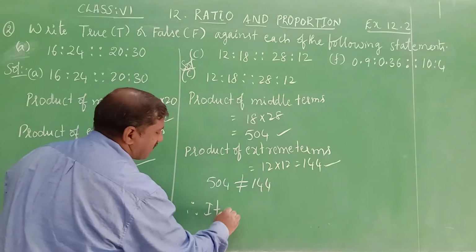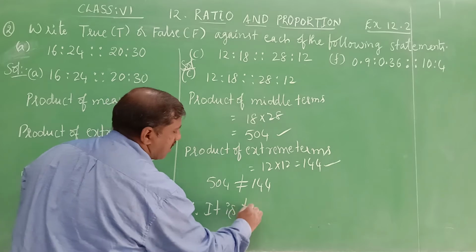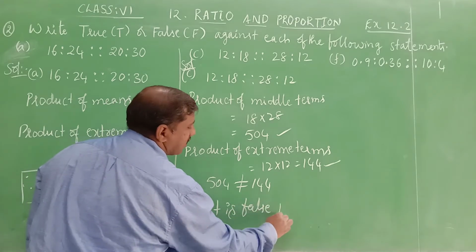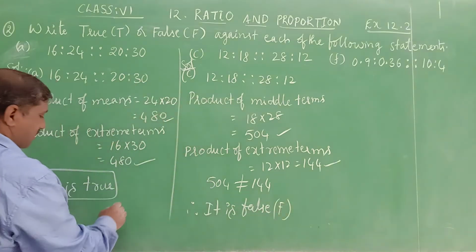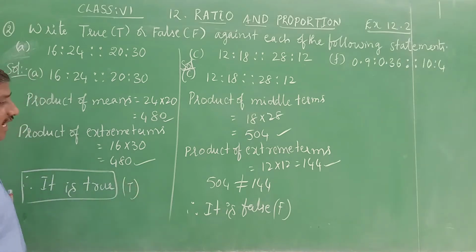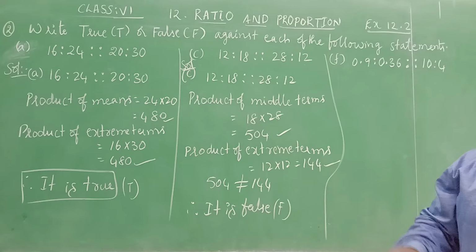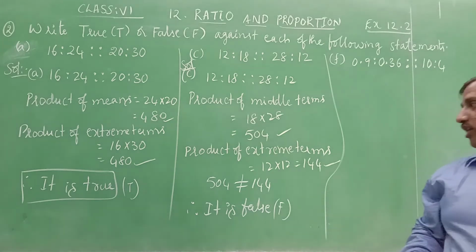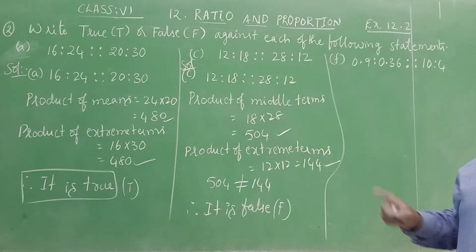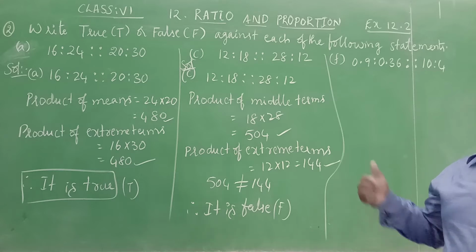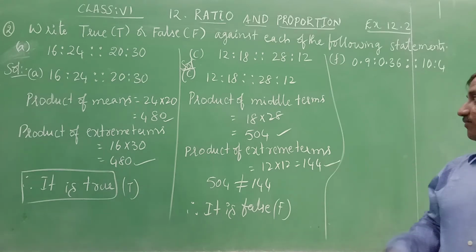Therefore, it is false. Here the product of means is not equal to the product of extremes, the middle terms and extreme terms are not equal. Therefore, we can say that it is false.